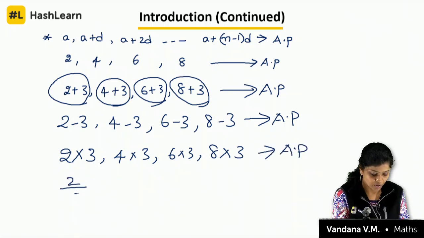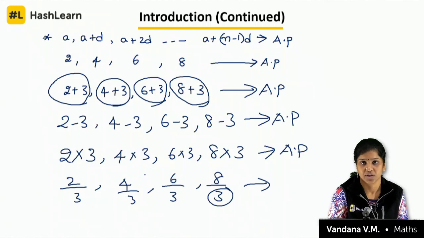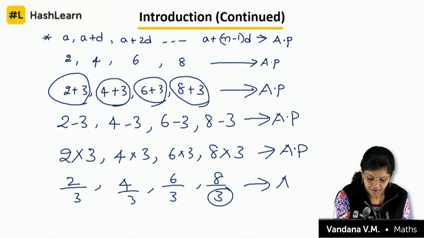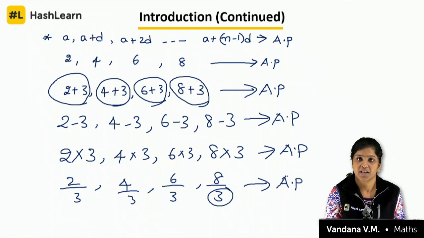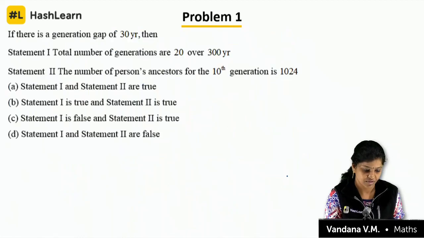If you divide also, that will be in arithmetic progression. Non-zero, this constant should be non-zero. So these are the properties of arithmetic progression. If you add, subtract, multiply or divide with a constant, the result will also be in arithmetic progression. Clear, children? Let us start doing some questions.